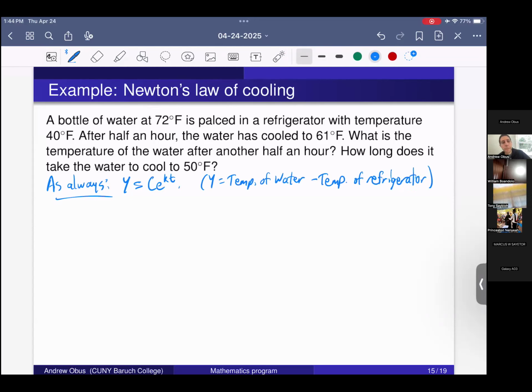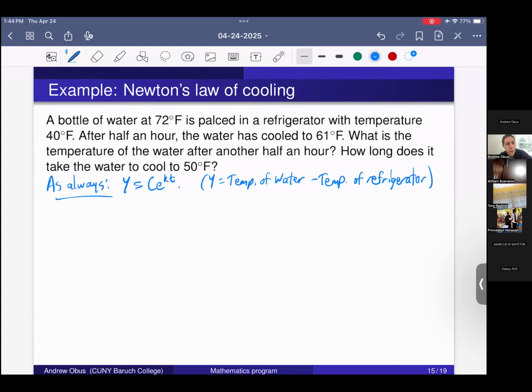Right? Temperature of the water minus the temperature of the refrigerator. Okay, but we have the same thing.